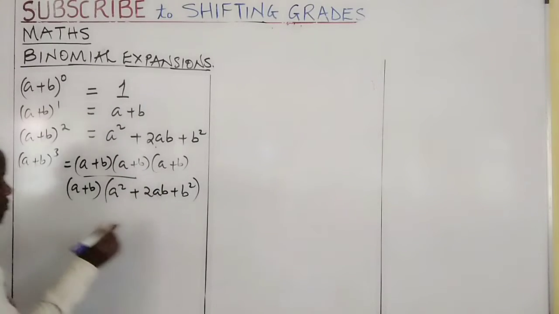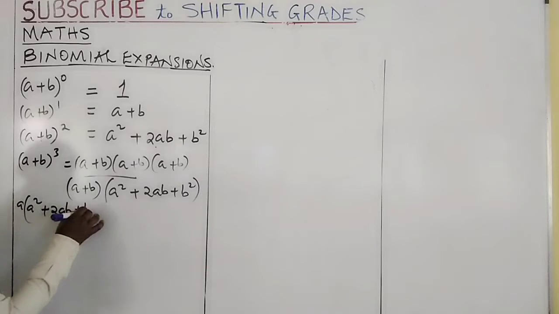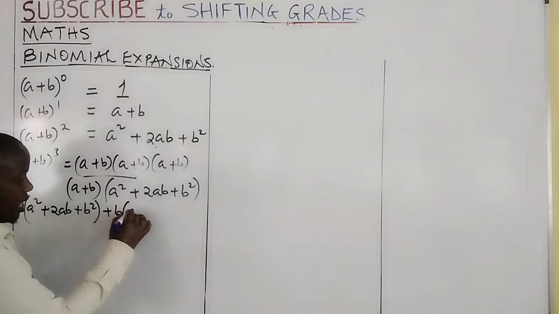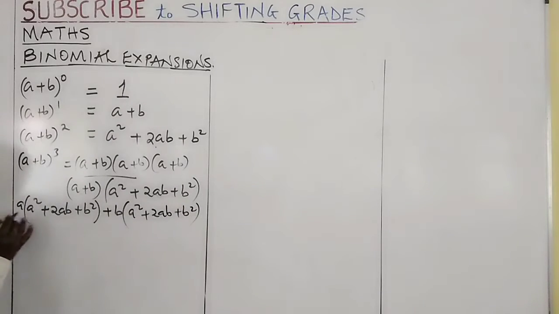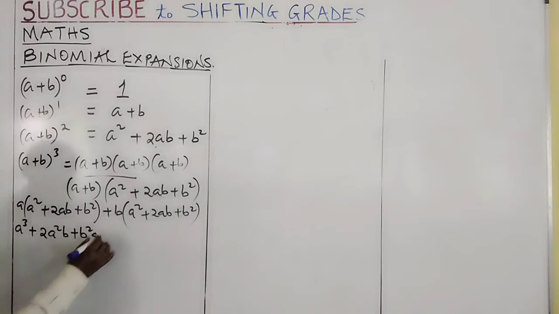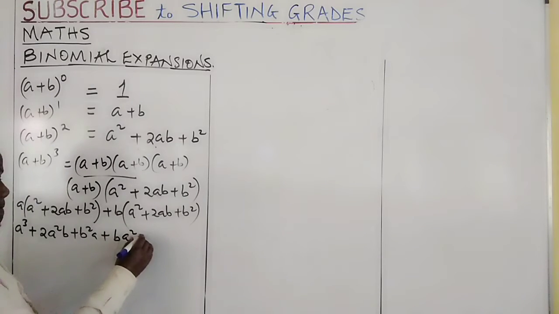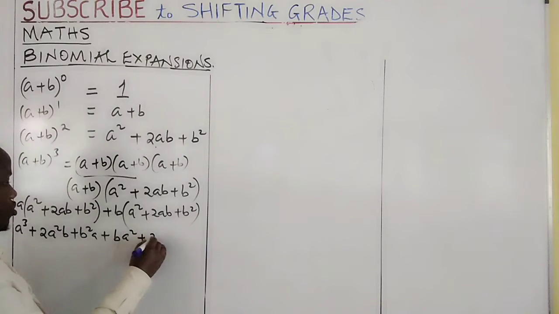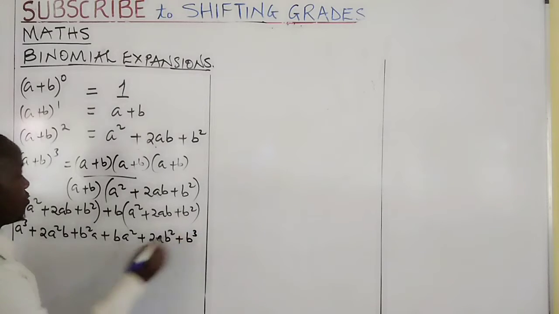Opening the bracket, we have a times everything, a cubed plus 2a squared b plus a b squared, then b again with everything: a squared b plus 2a b squared plus b cubed.